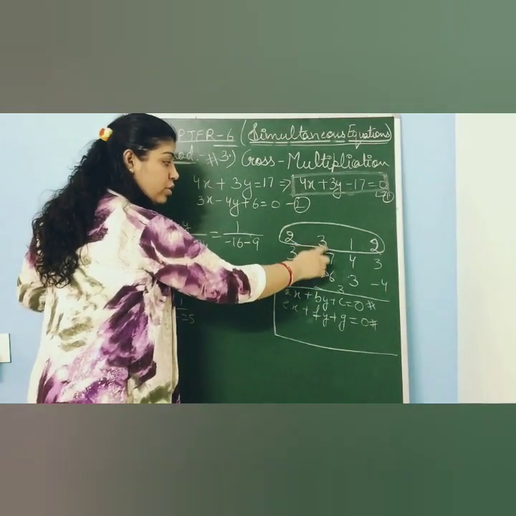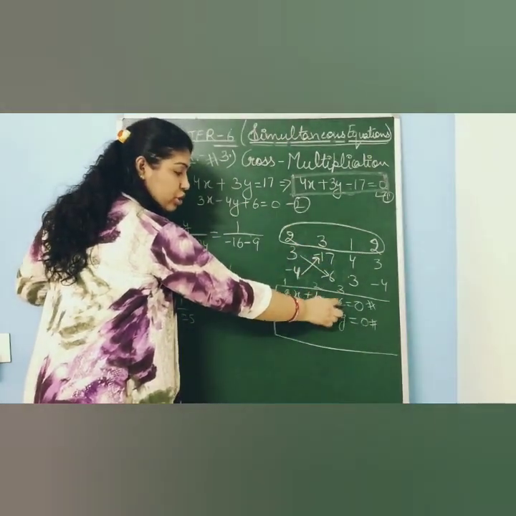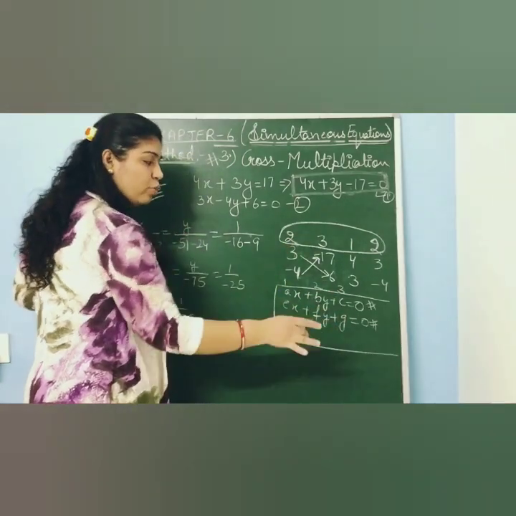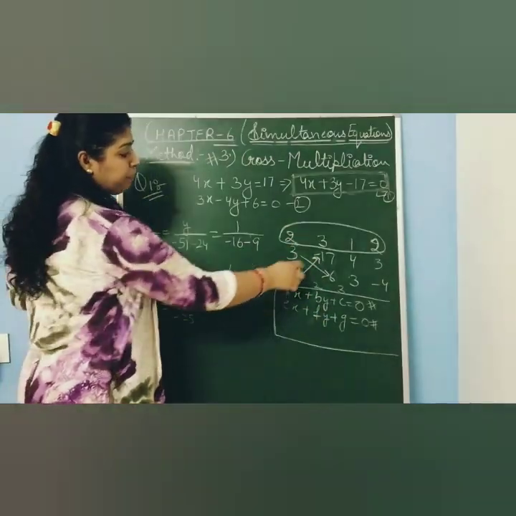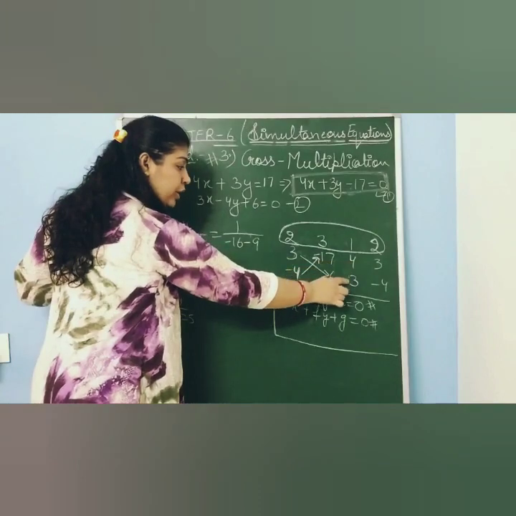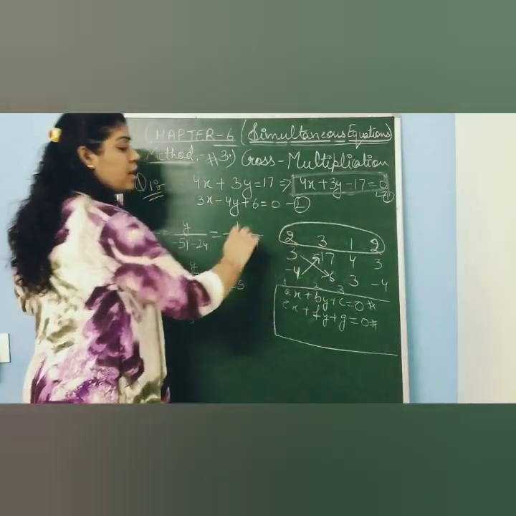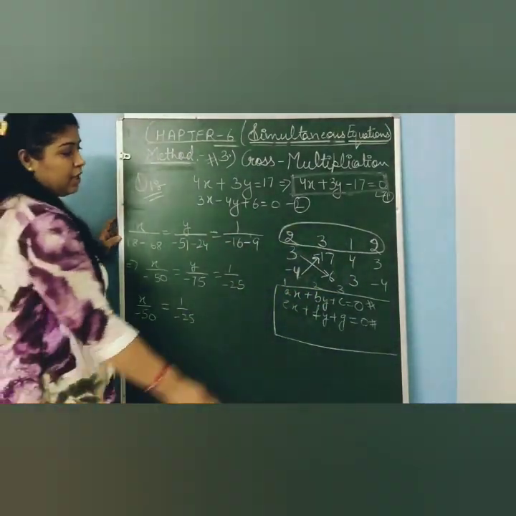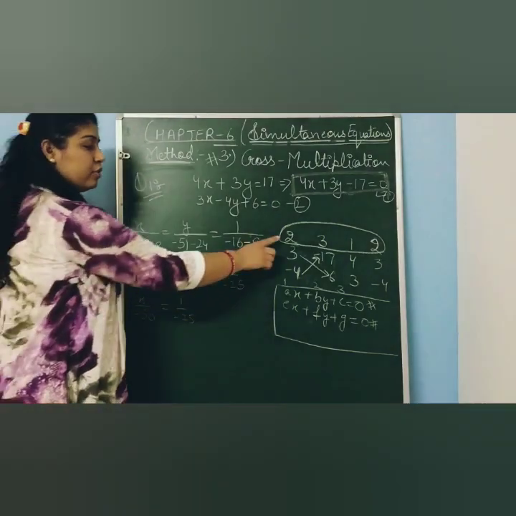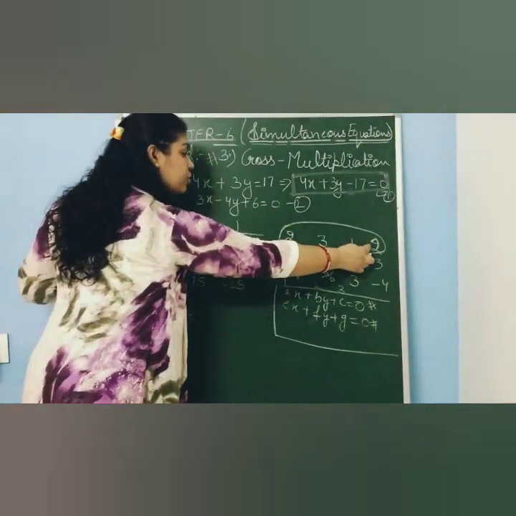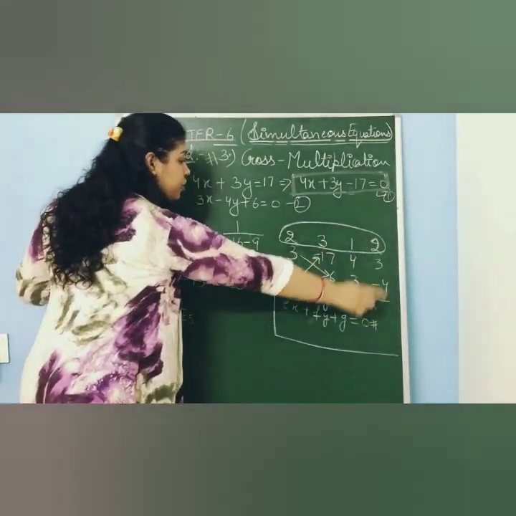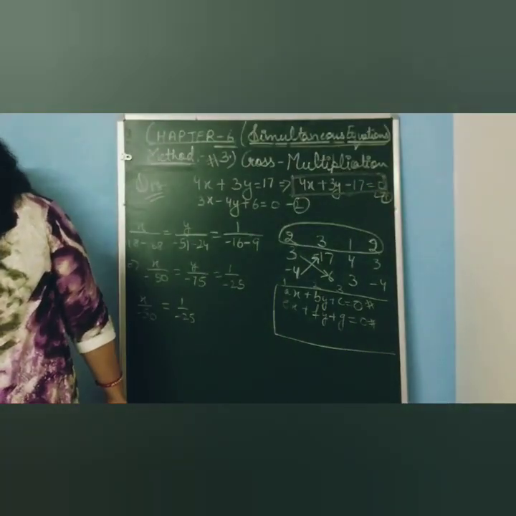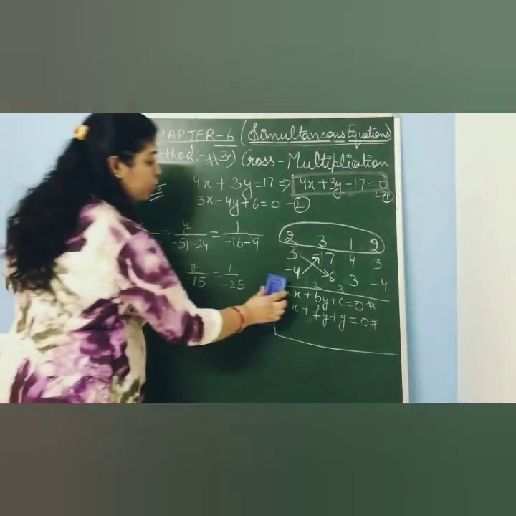Then the constant term, because at the third position the constant terms are there, having no variable, not x, not y. Then the coefficients of x. Then again from the 2 we start and end, again the coefficient of y. This is known as 2312.